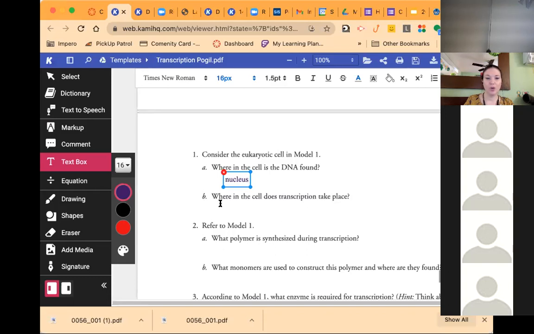Excellent. Okay. Where in the cell does transcription take place, Shauna? Sorry, where in the cell does transcription take place?